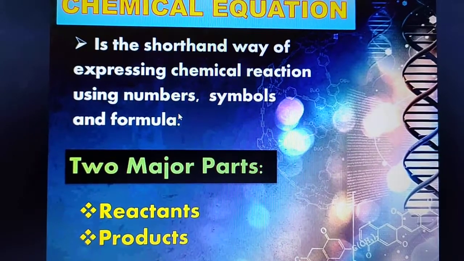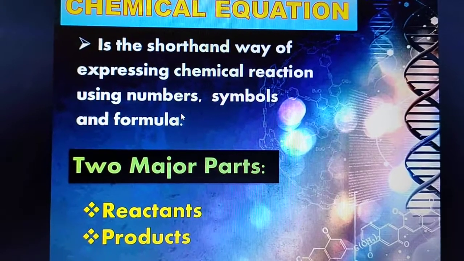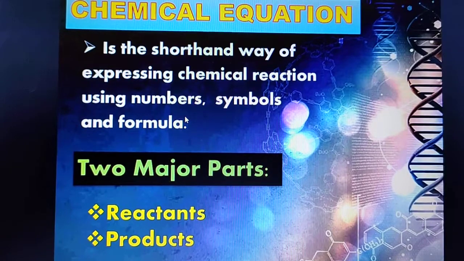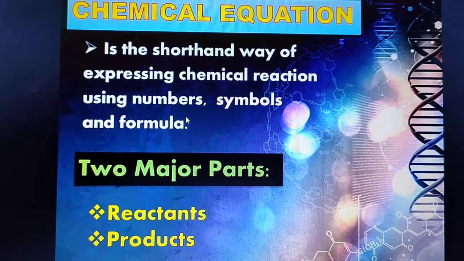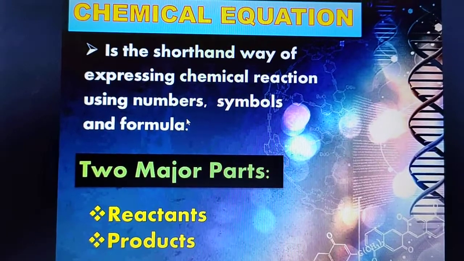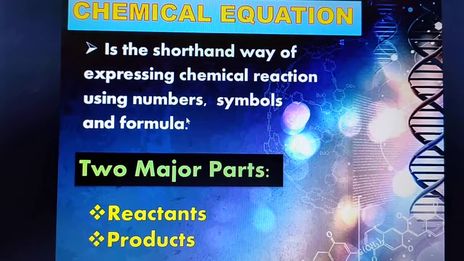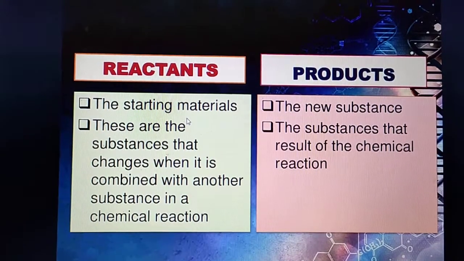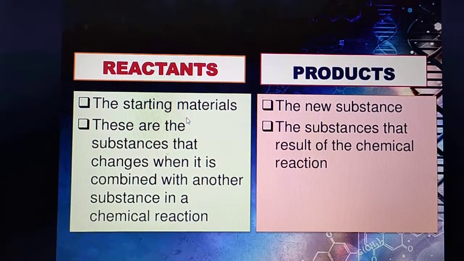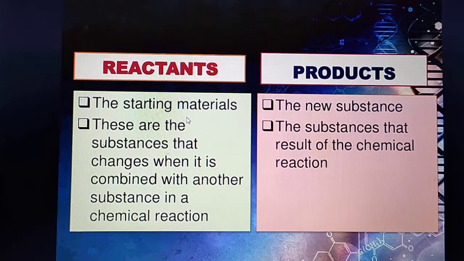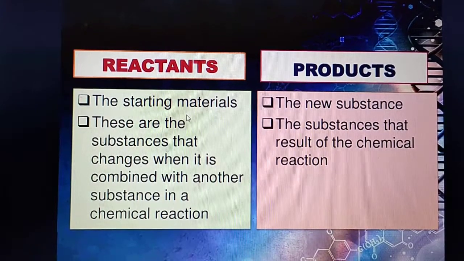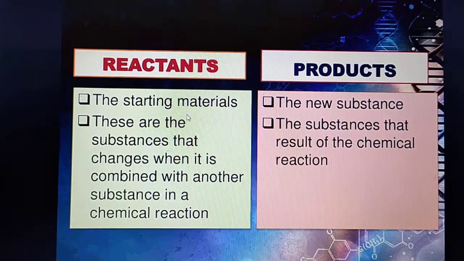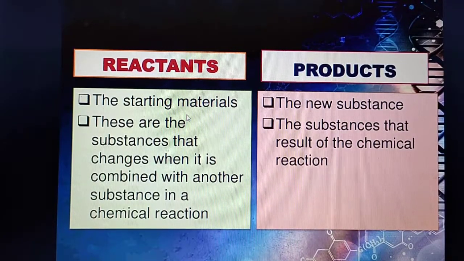Now it has two major parts, that is reactants and products. A reaction is described in terms of the names of the reactants and products. Reactants means the starting materials. These are the substances that change when combined with another substance in a chemical reaction. Products are the new substances that result from the chemical reaction.